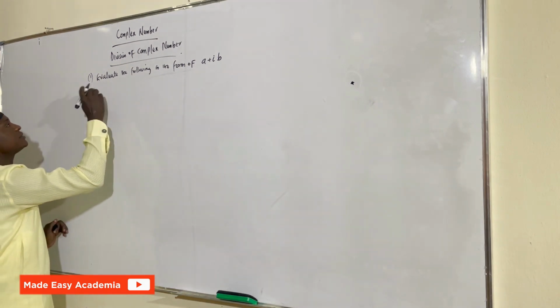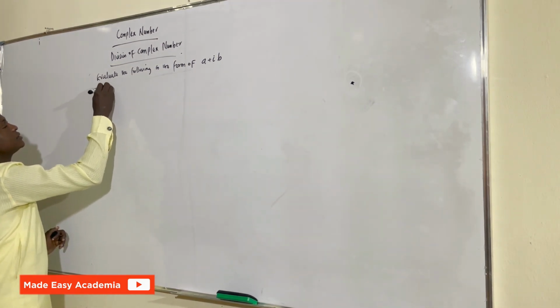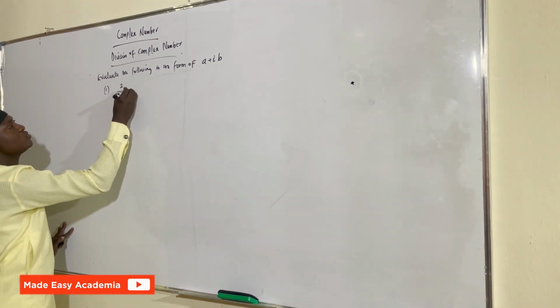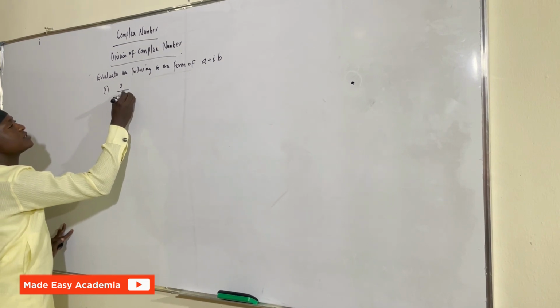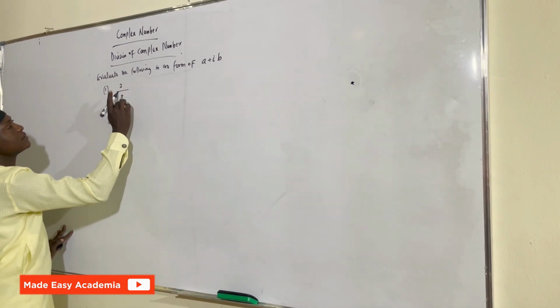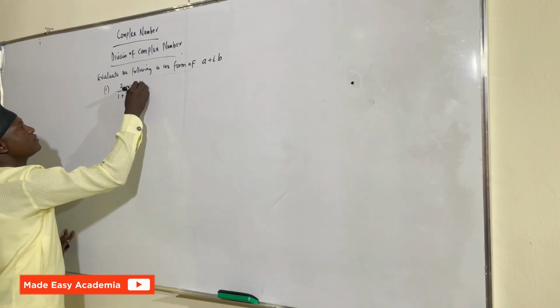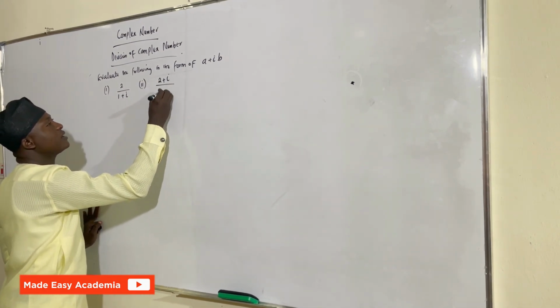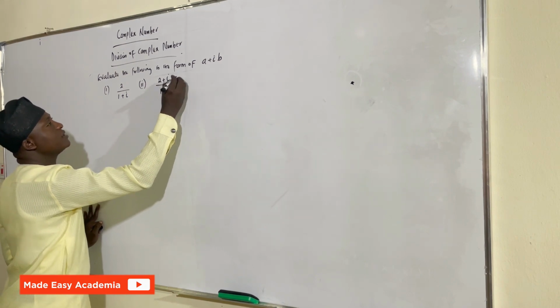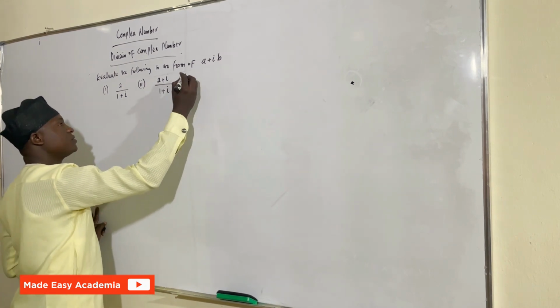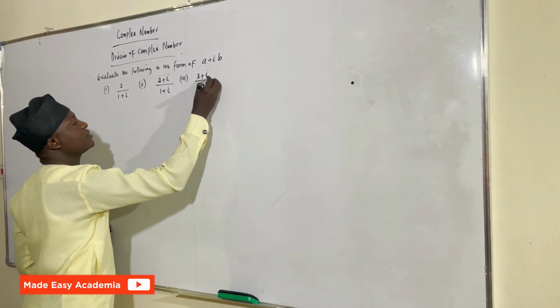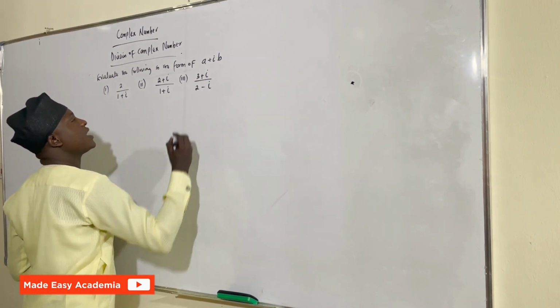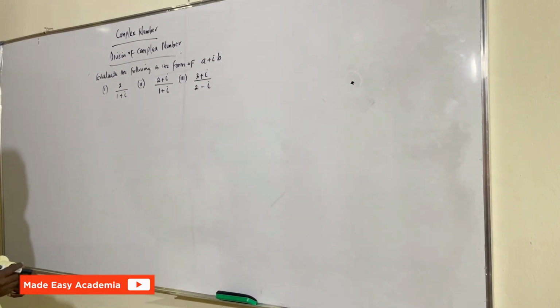Example one: 2 over 1 plus i. Example two: 2 plus i over 1 plus i. Example three: 3 plus i over 2 minus i. So let's take a look at these 3 examples.